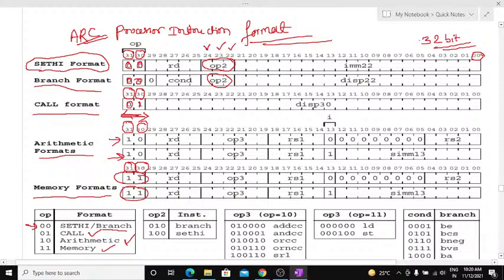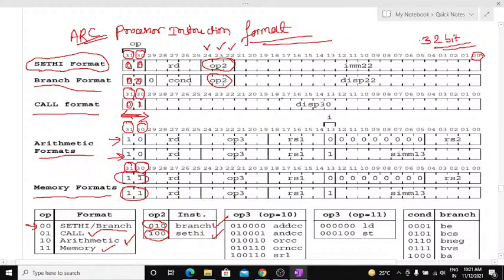If it is 010, then it is a branch type, and if it is 100, then it is a set high type. It is fixed, so you need to remember positions 22, 23, 24.